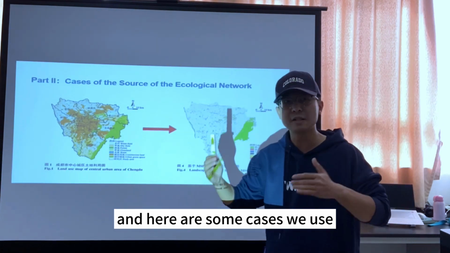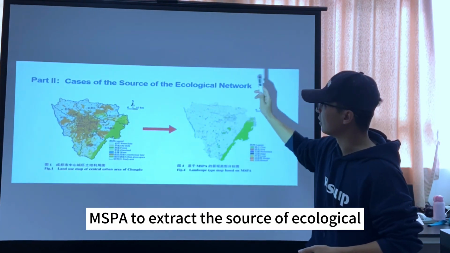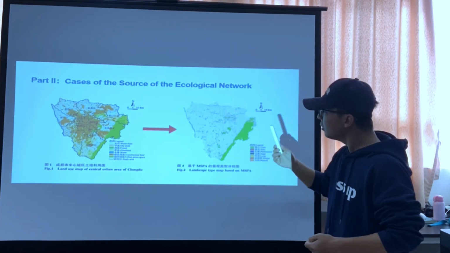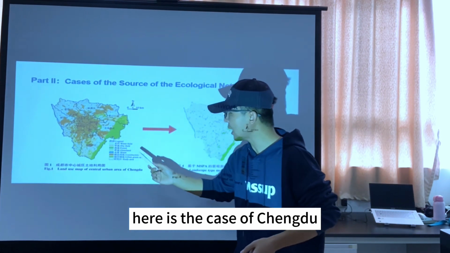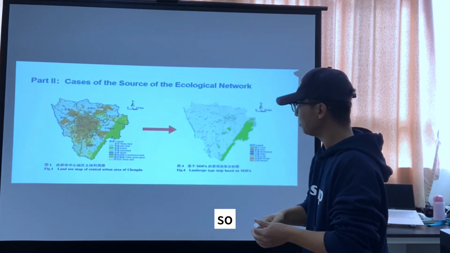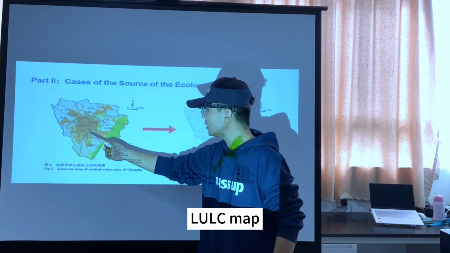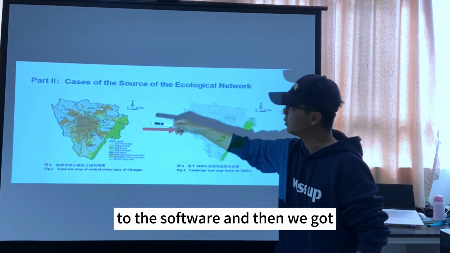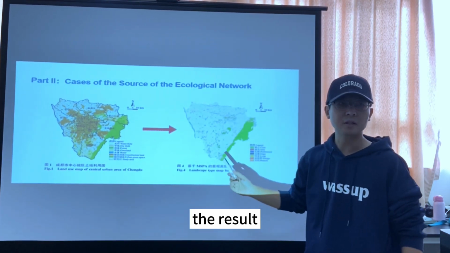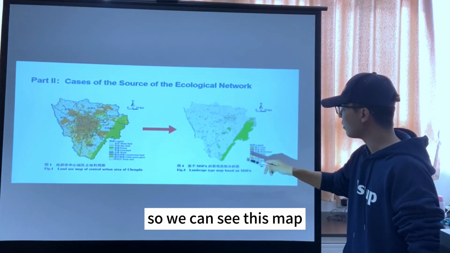And here are some cases where we use MSPA to extract the sources of an ecological network. Here is the case of Chengdu. Chengdu is a big city in China. So we put the LULC map into the software, and then we got the result map.